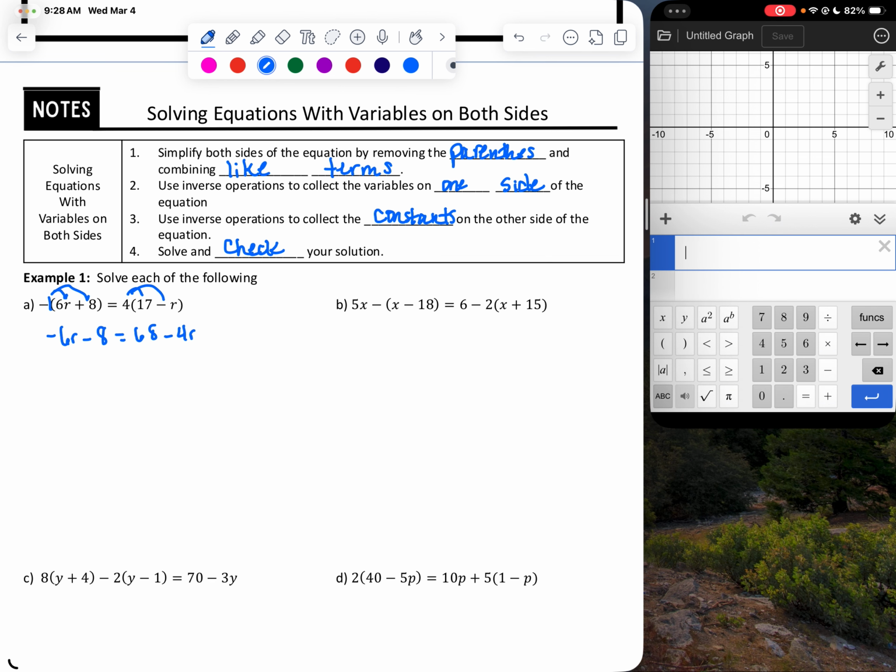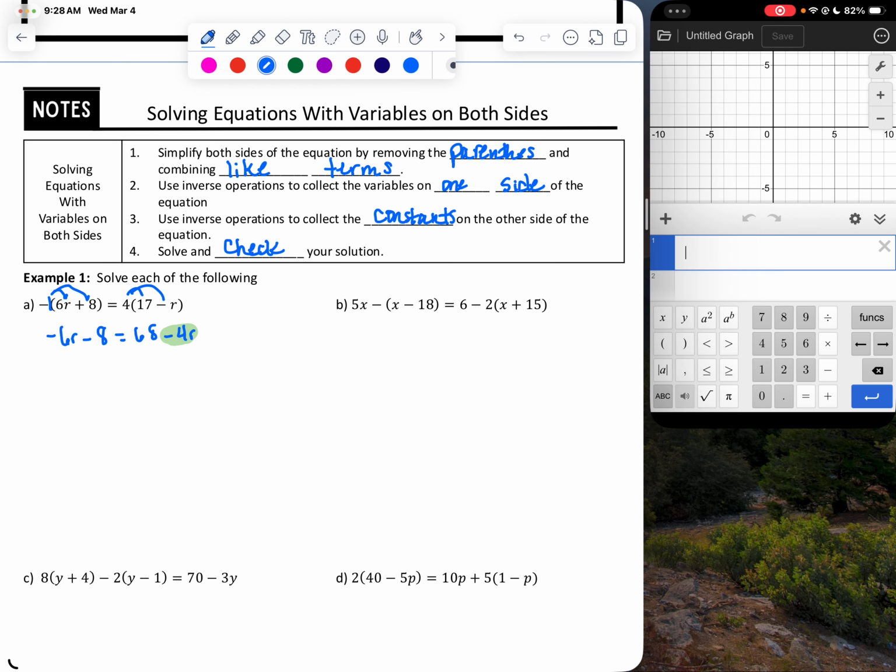In step 2, it says use inverse operations to collect variables on one side. So what I usually do is I start on the right side, and there's your variable. You want this variable, this negative 4r, to go to the opposite side.